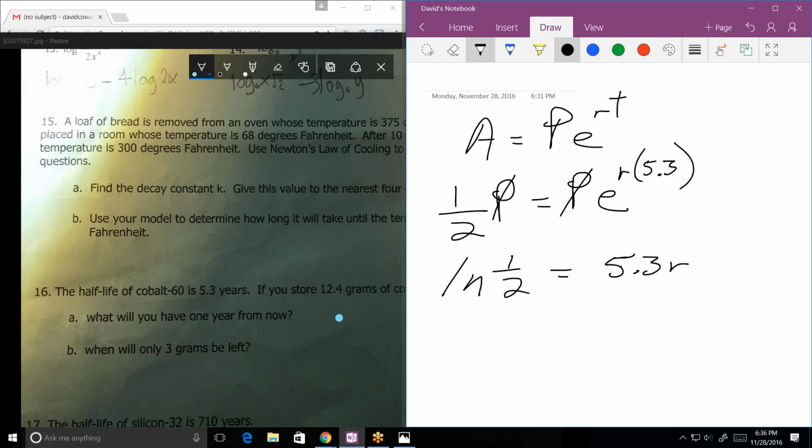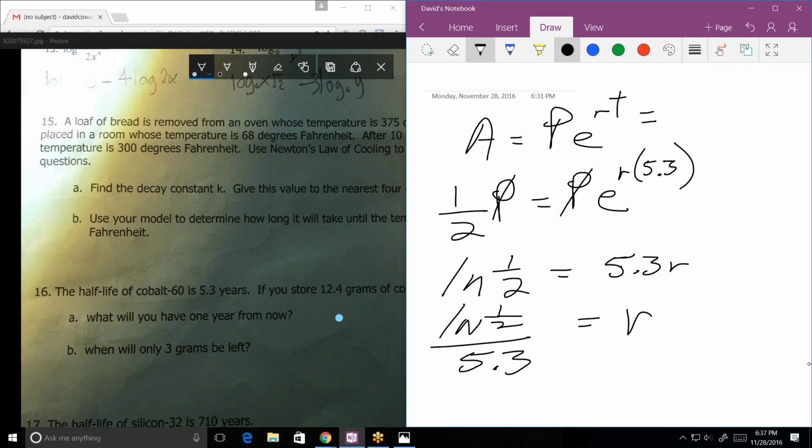So R equals the natural log of 1/2 divided by 5.3. Now I have an exact equation. I know everything.